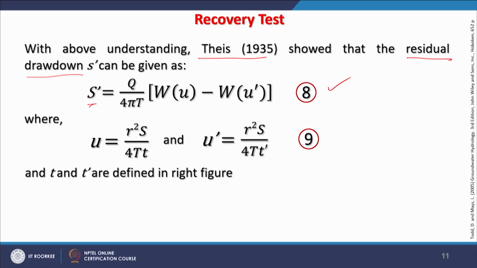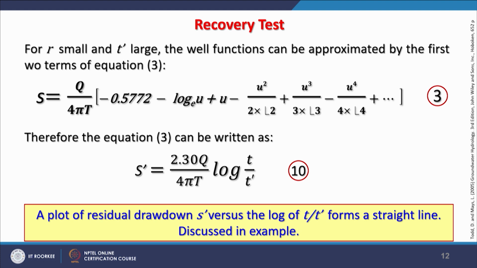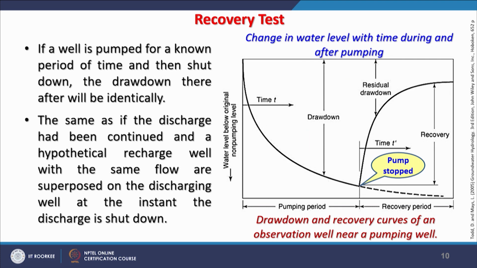We can write the same for the recovery test, u dash equals r squared S upon 4 pi T t dash. So, these are the same equations, except that we are now putting a dash because of the recovery test, just to distinguish between the pumping test and the recovery test. The t and t dash are defined in the earlier figure which we have seen here.